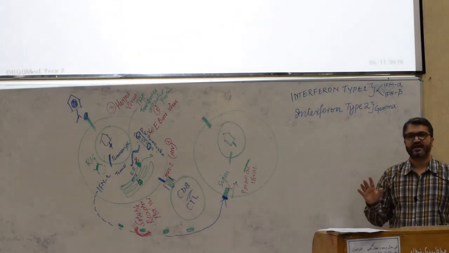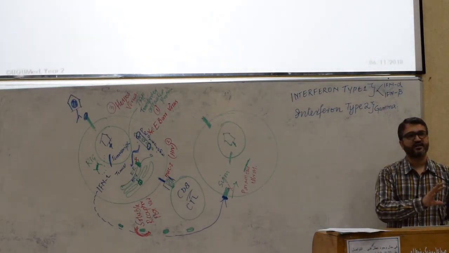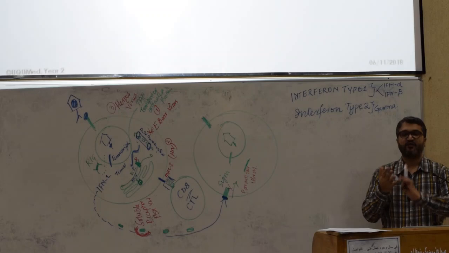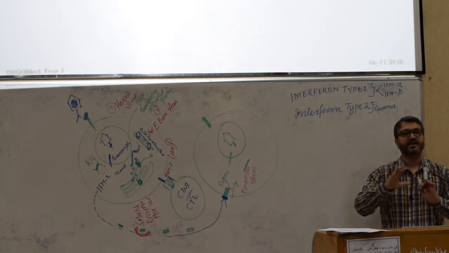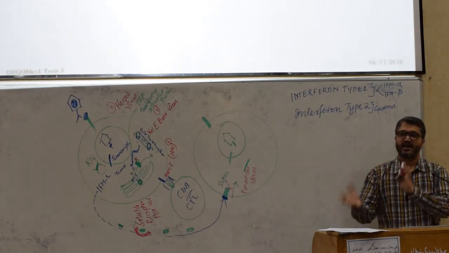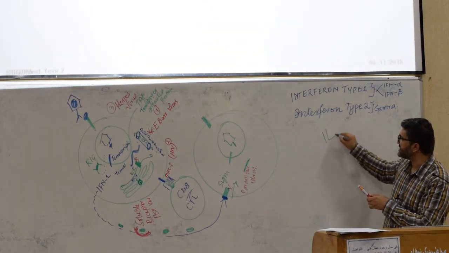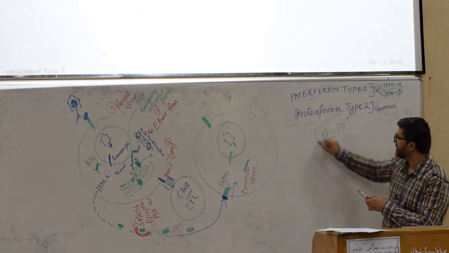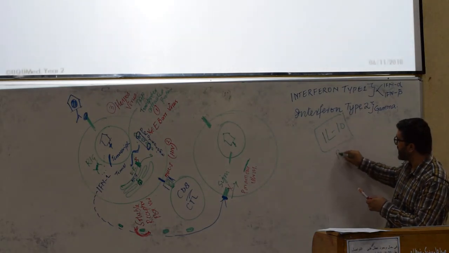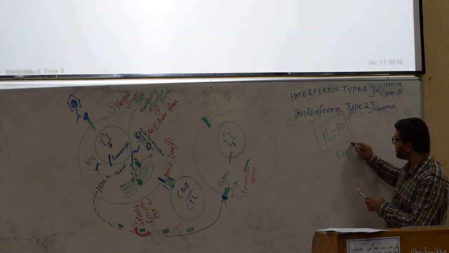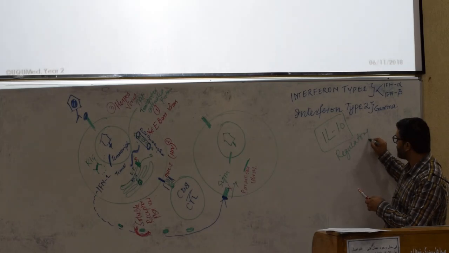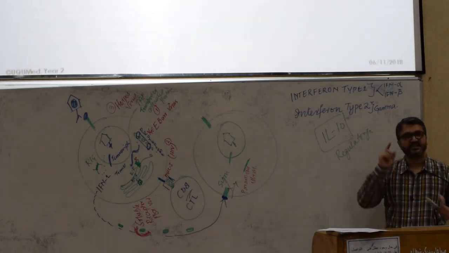Then, whenever bacteria or viruses are destroyed, the immune system has to be stopped, a check and balance. One important cytokine in this whole process is IL-10. It is the regulatory cytokine, remember that. And viruses know that.